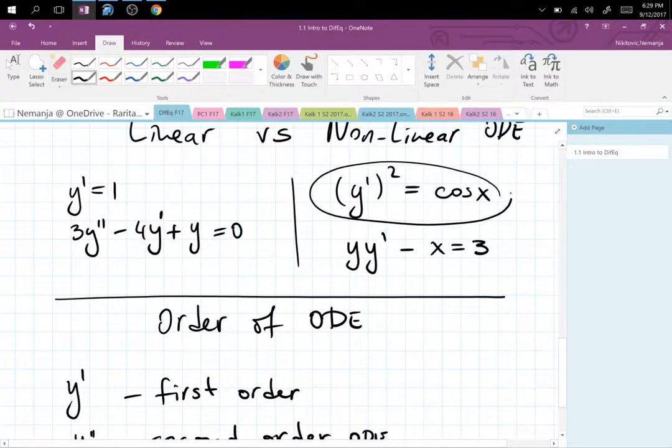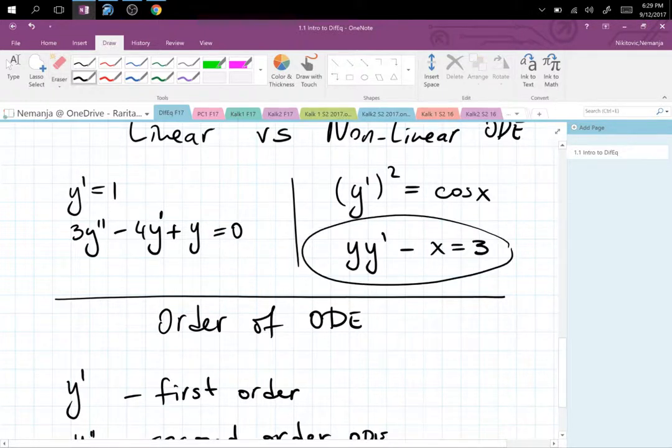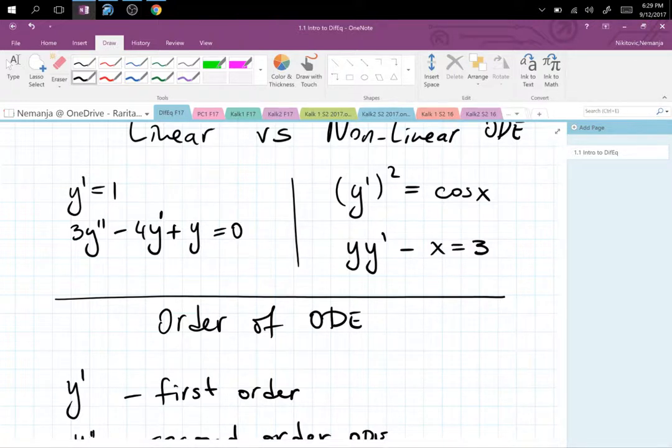This is the first order nonlinear differential equation. And this one is, well, first order because of the y prime. But then it's trickier when you start getting the y prime times y double prime and so on. Then it gets much crazier. But we don't deal with that in this class.